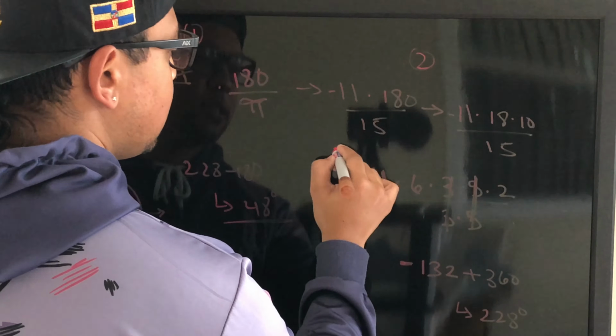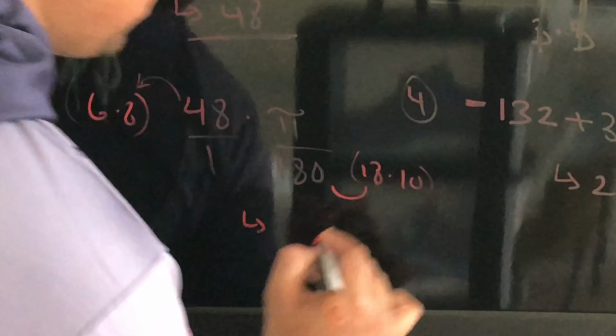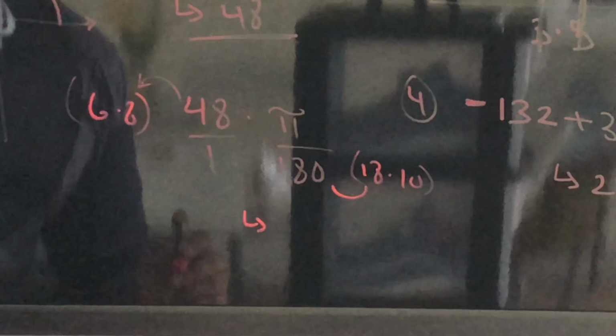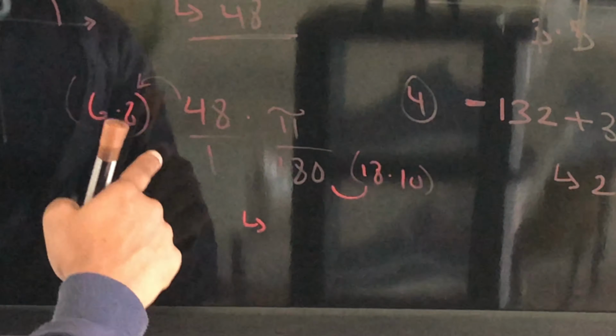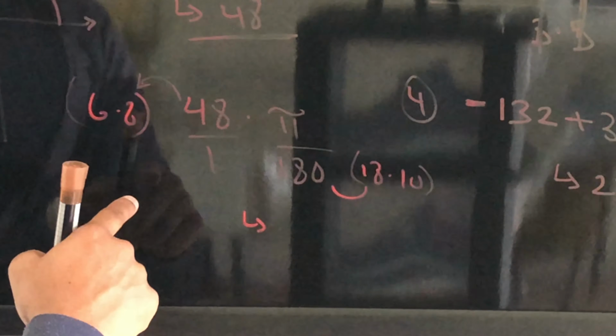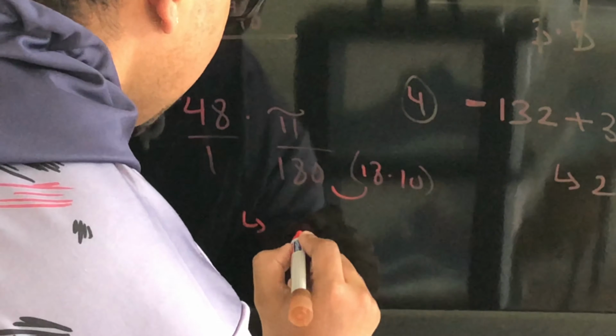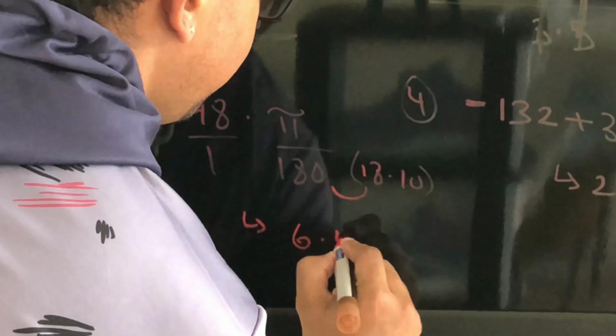I'm running out of space here, but I can break this down even further if I wanted to. I could keep it like this, 6 times 4 times 2.